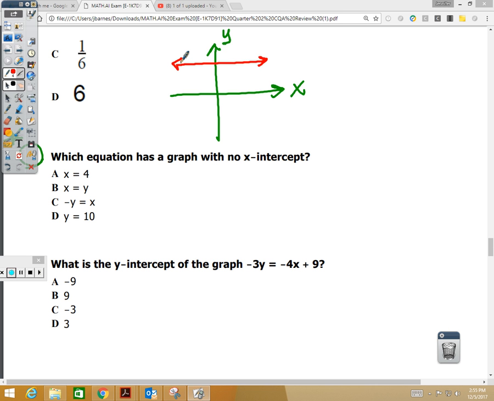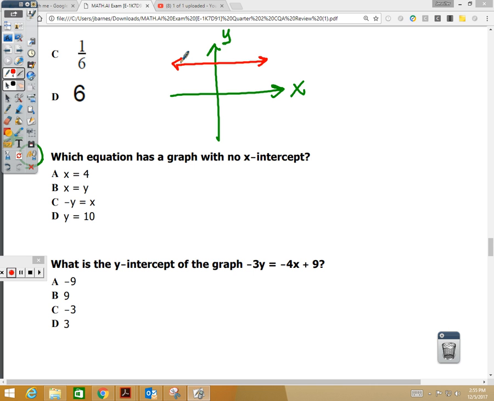Every other line out there would. So if it has positive slope, it will. If it has negative slope, it will. And if it has undefined slope, which is straight up and down, it will. So zero slope is the only slope that will not intercept the x-axis.